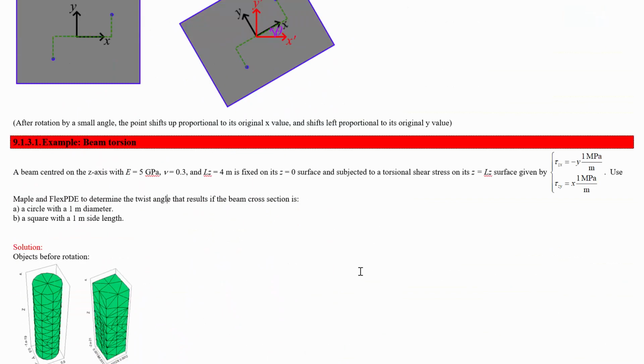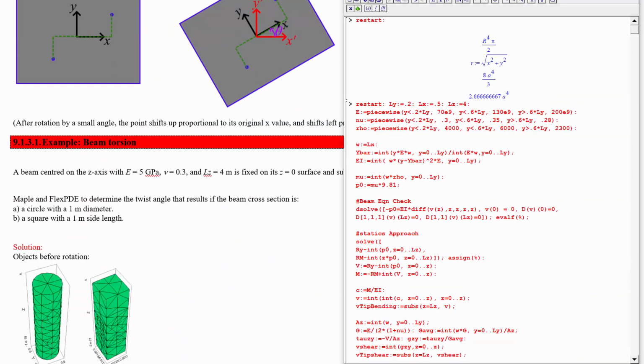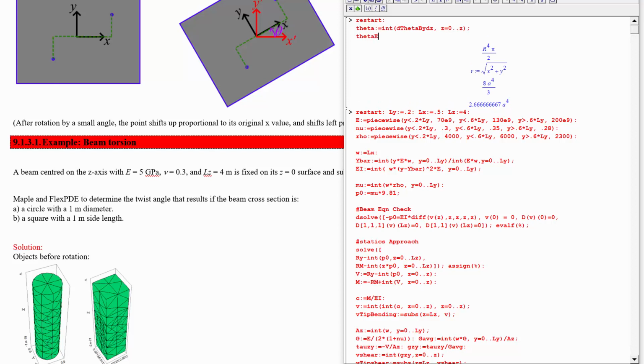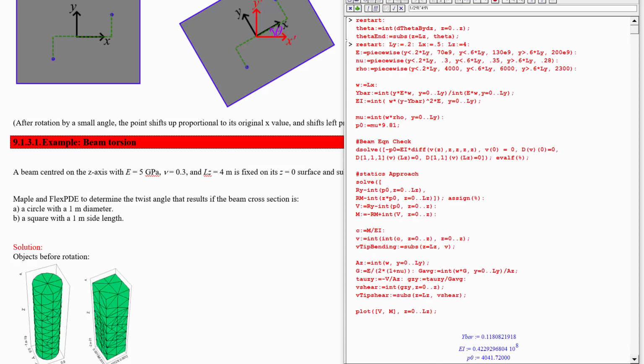So that means that theta is going to be the integral of d theta by dz from z is 0 to z. And we can figure out theta end by saying subs z equals Lz into theta.